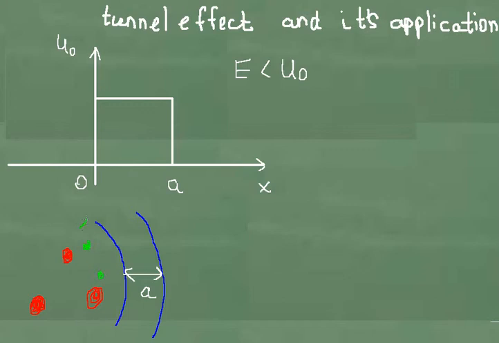I'll mark the electrons as green, and there are some free places where they can move, and these electrons can jump between different energetical positions and change their position within this metal.